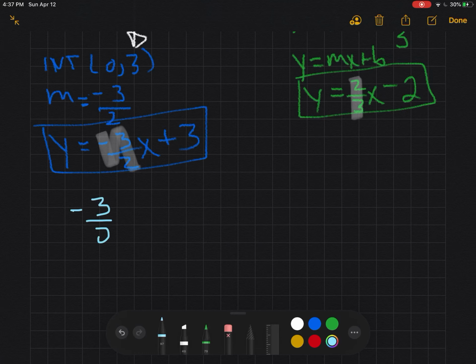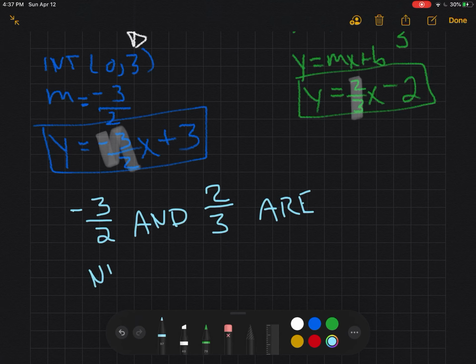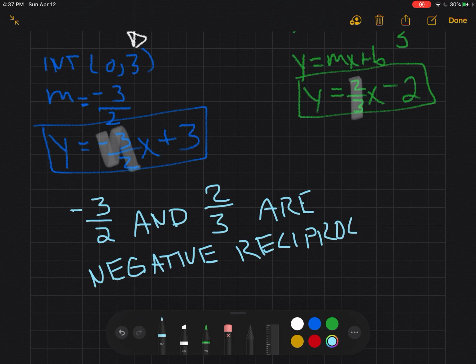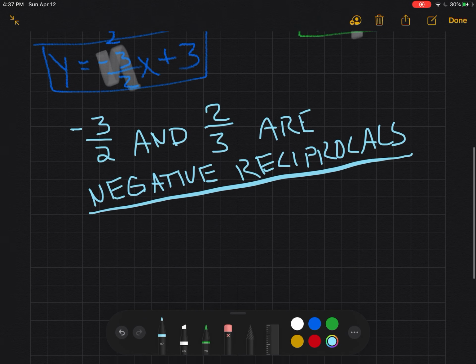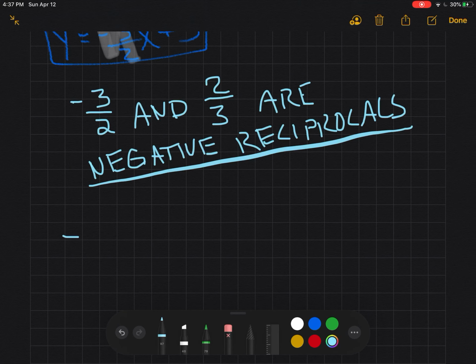What I want you to notice is these slopes actually have a relationship to each other. These slopes are what we call negative reciprocals. -3/2 and 2/3 are negative reciprocals.